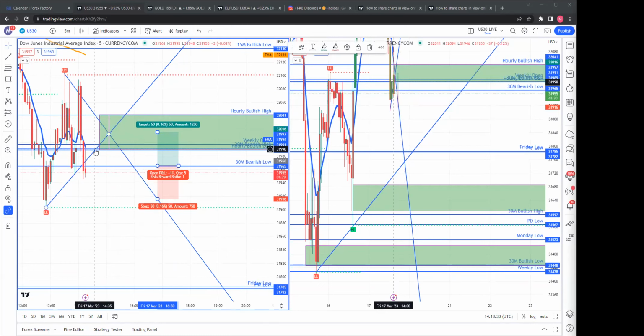So I need this candle to close because we've had this candle close below the trend line. This 5-minute candle came, retested the 9 EMA. It rejected exactly from there. We have a 30-minute bearish high up there, and we have this 30-minute bearish low. So the next candle might retest the 30-minute bearish low and reject to the downside, or retest the trend line and reject to the downside.